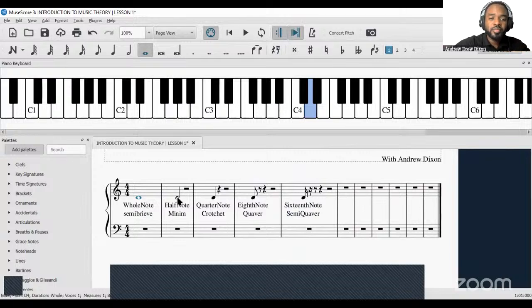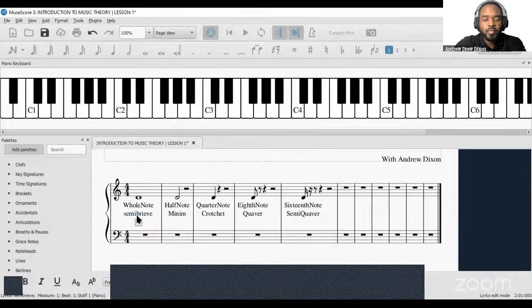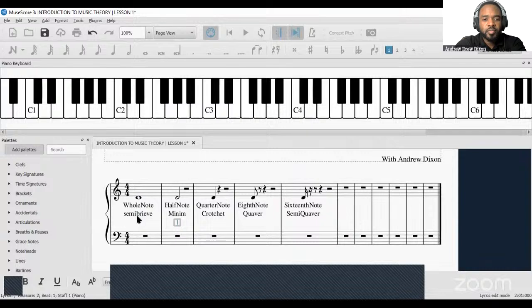However, for the minim, it would get only 2 counts. Okay, so let's put some more information here. Four counts. 2 counts. 1 count.